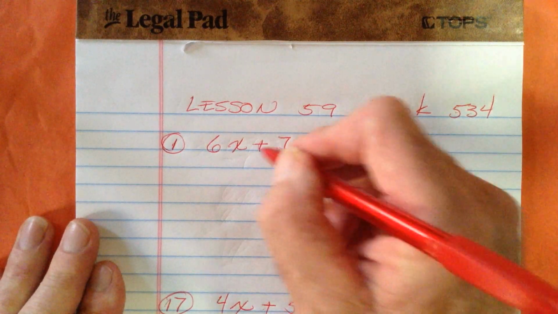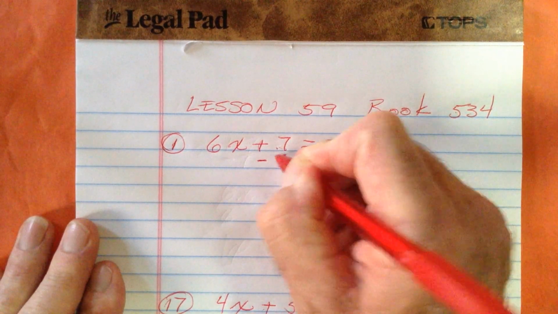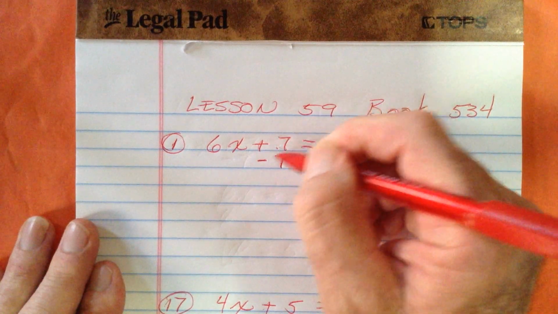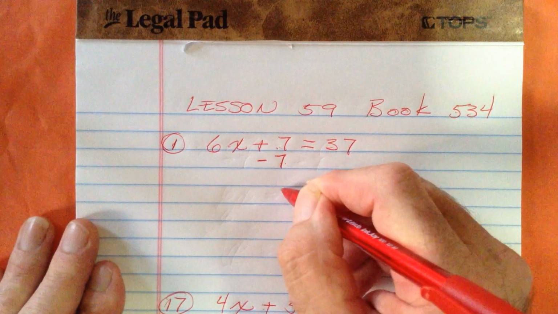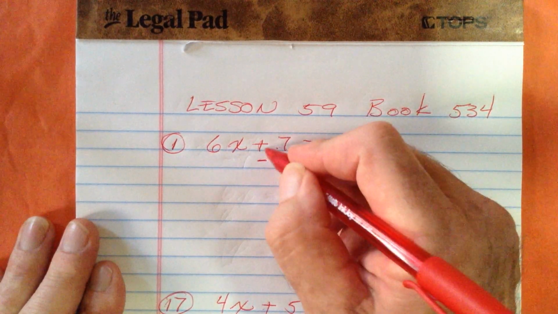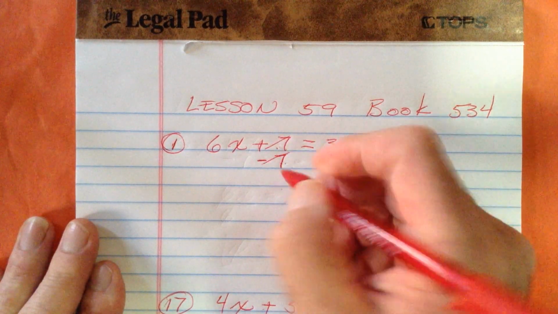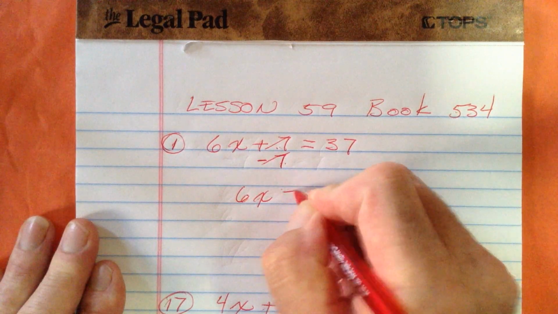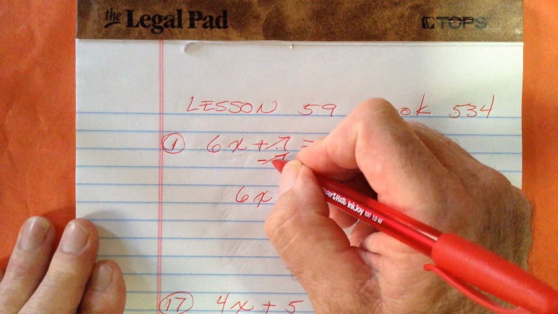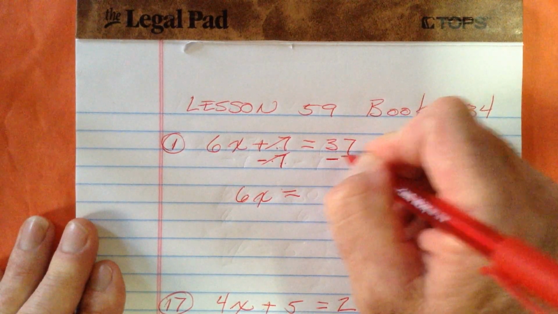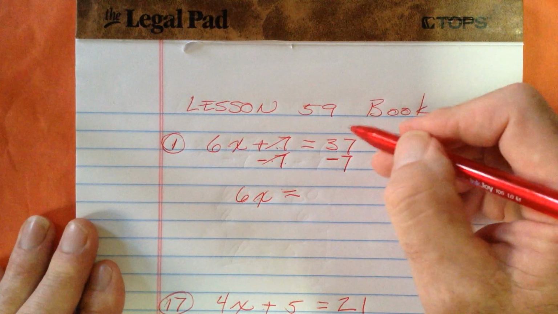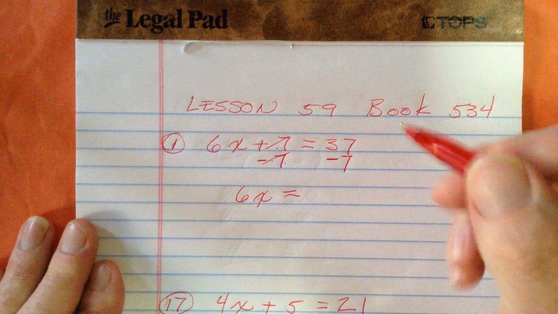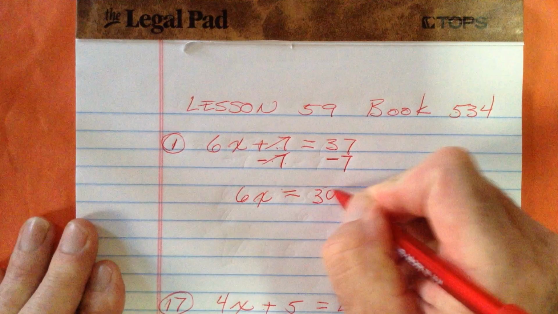So if I go minus 7, 7 minus 7 will equal 0, which makes this go away. So this will end up being 6x equals, well, since I took away 7 on this side, I need to subtract 7 on this side. So 37 minus 7 equals 30.